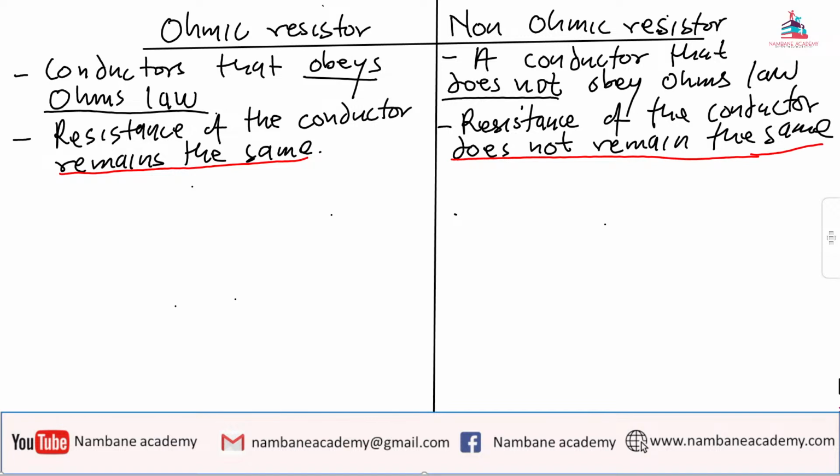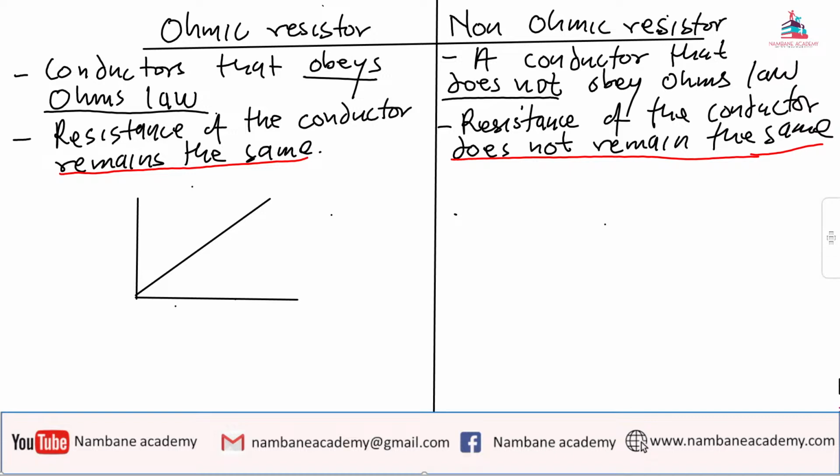Can we show this in terms of a graph? Yes, we can. And this graph will just be a straight line.